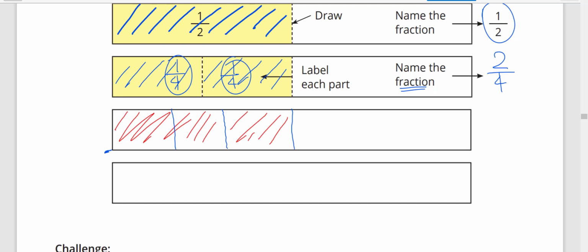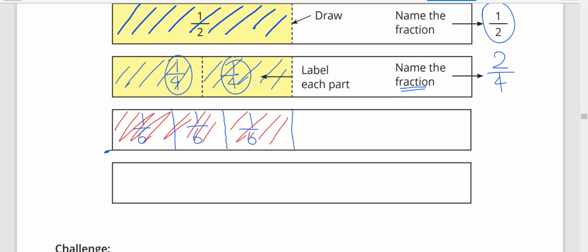So we divided it into sixths. Each part is called sixth. And this part is sixth, and this part is sixth.